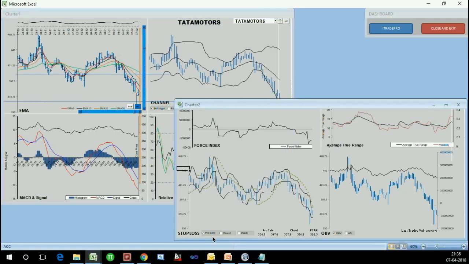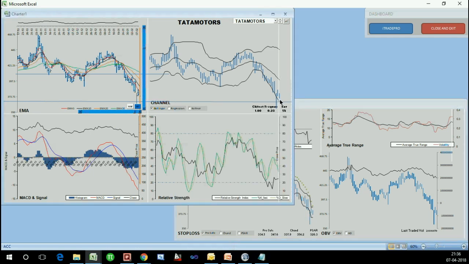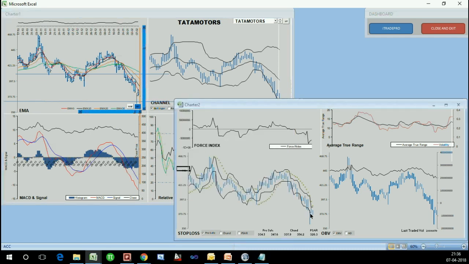Along with this, there is one ProSafe. This is a calculation which I follow. If I am going long at this point, because the price has touched the upper Bollinger band here, I try to see how many times in the previous 15-20 days the prices penetrated the last low.